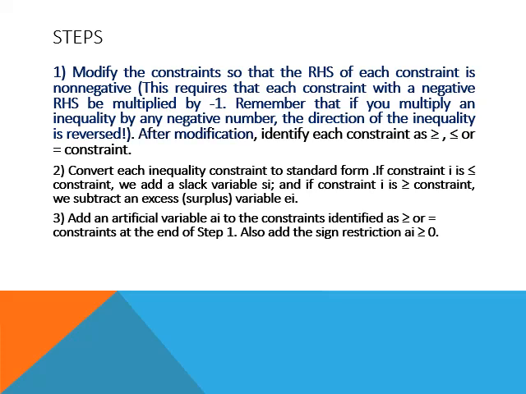After modification, identify each constraint as more or equal, less or equal, or equal. There are 3 versions of constraints. You need to modify the constraint so that the right hand side, RHS, of each constraint must be non-negative.